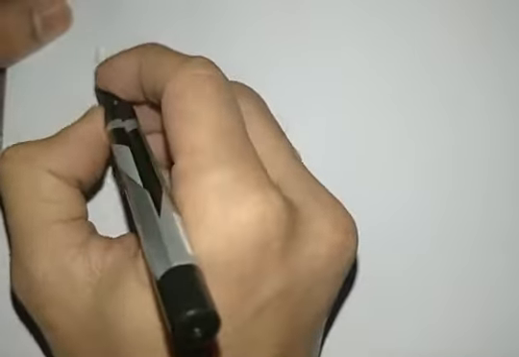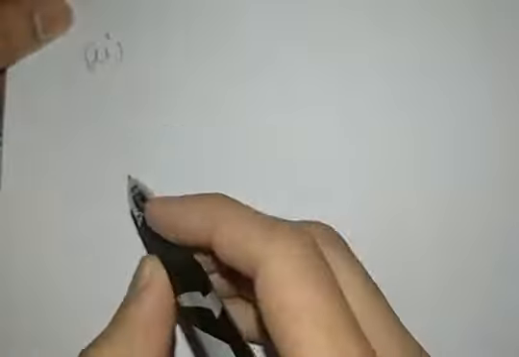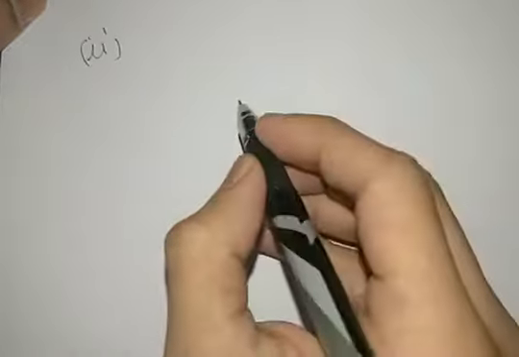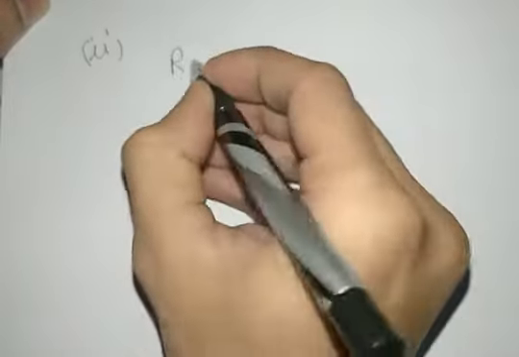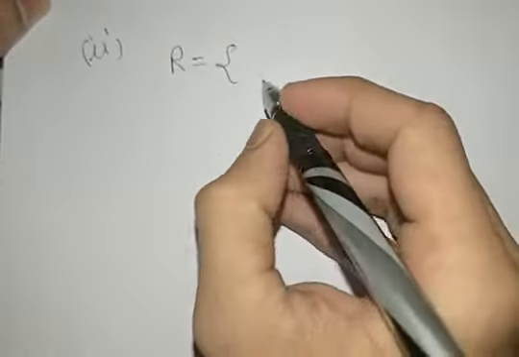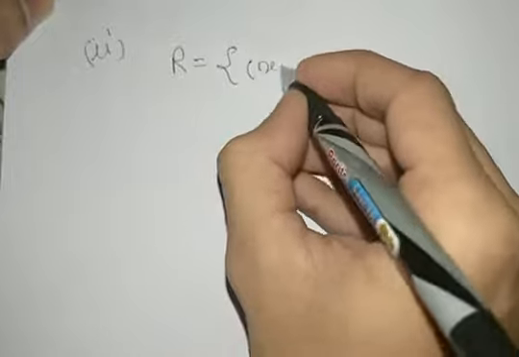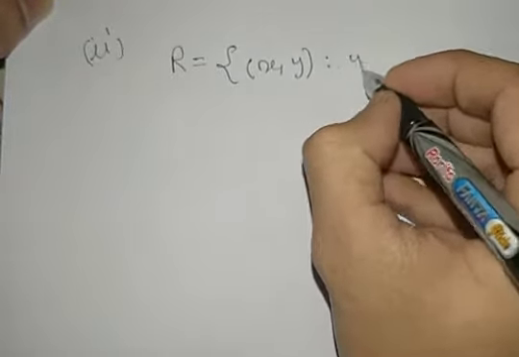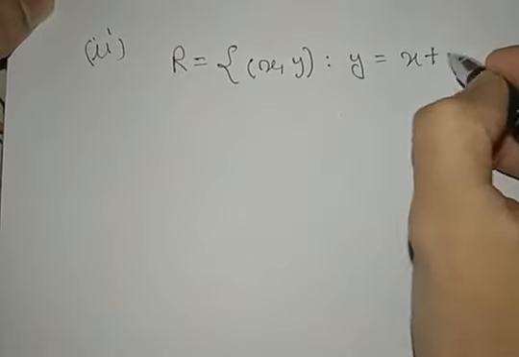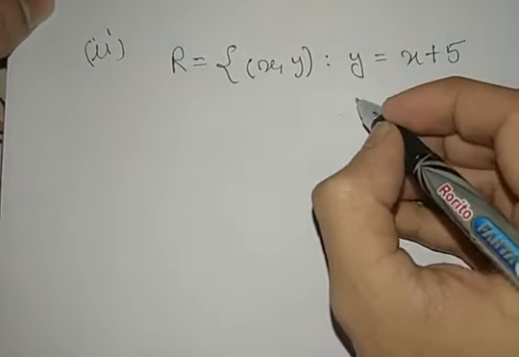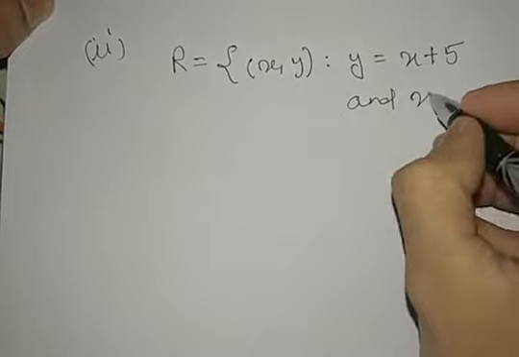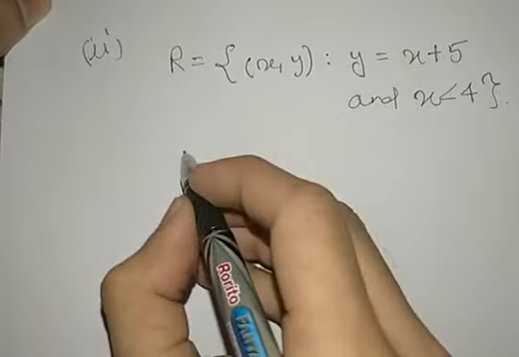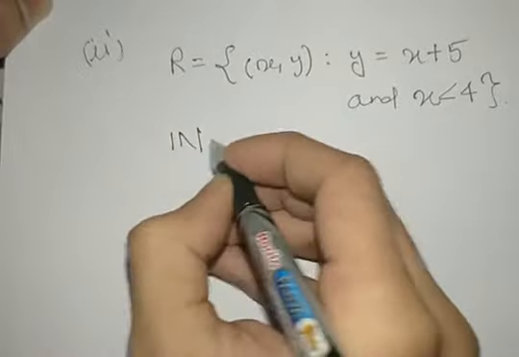So you have the set R equal to the set of all (x, y) such that y is equal to x plus 5, and x is less than 4, and you are looking at the set of natural numbers.